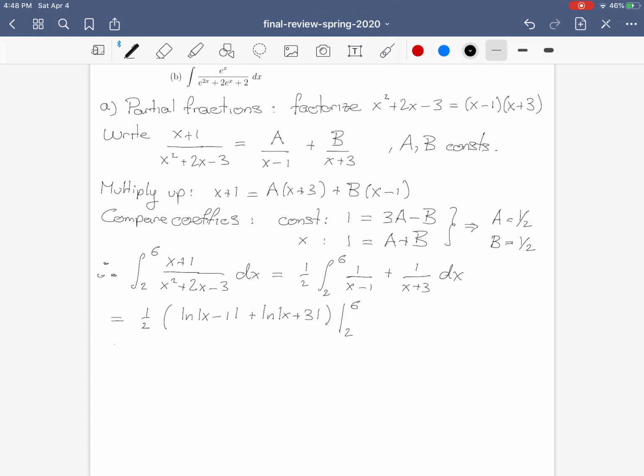If we evaluate at the limits, then we get 1/2 times ln 5 plus ln 9 minus ln 1 minus ln 5. So the ln 5's cancel, ln 1 is equal to 0, so we're left with 1/2 ln 9, and this reduces to ln 3, okay, because 9 is equal to 3 squared.